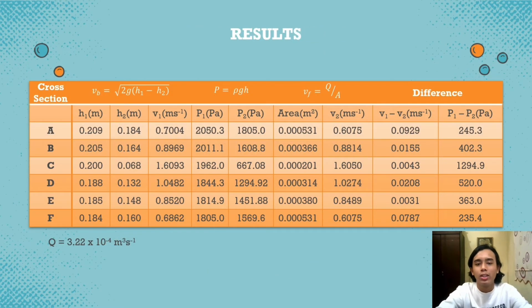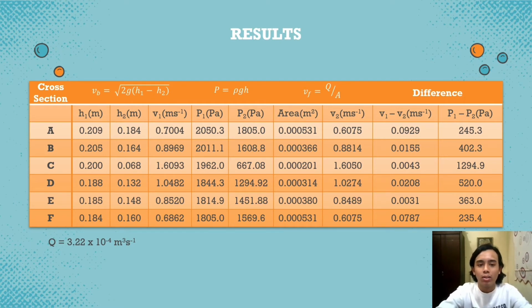Okay, after the experiment had been conducted, these are the results obtained and I have sorted them out in the table. We use different cross-section areas, which is section A has a diameter of 26 mm, B is 21.6 mm, C is 16 mm, D is 20 mm, E is 22 mm, and F is the same as A, which is 26 mm.